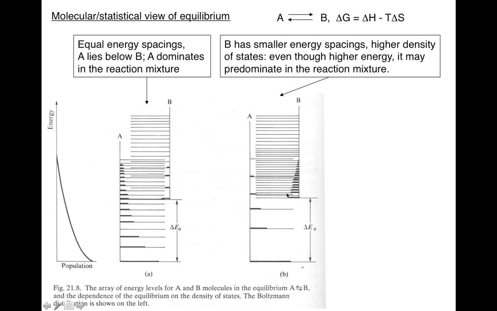So this is an example where B potentially could be favored, even though it's in higher internal energy. It may predominate in the reaction mixture because of this accessibility of states. This would be an entropically driven reaction. So again, when you think about what the meaning of these terms are, this is really how you have to think about the distribution of molecules over an ensemble.